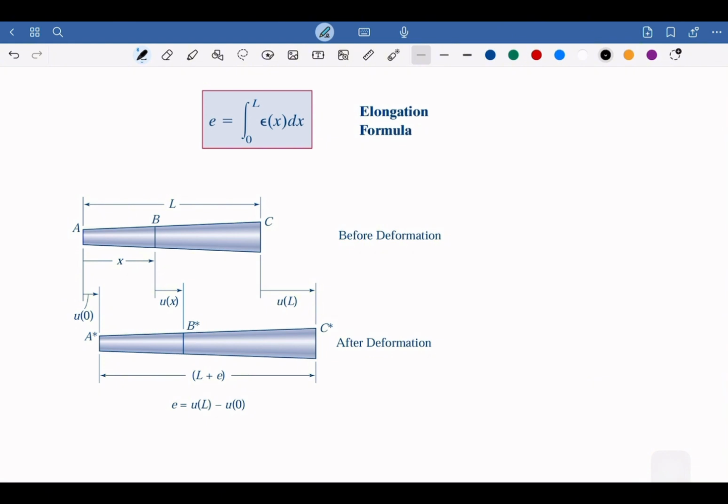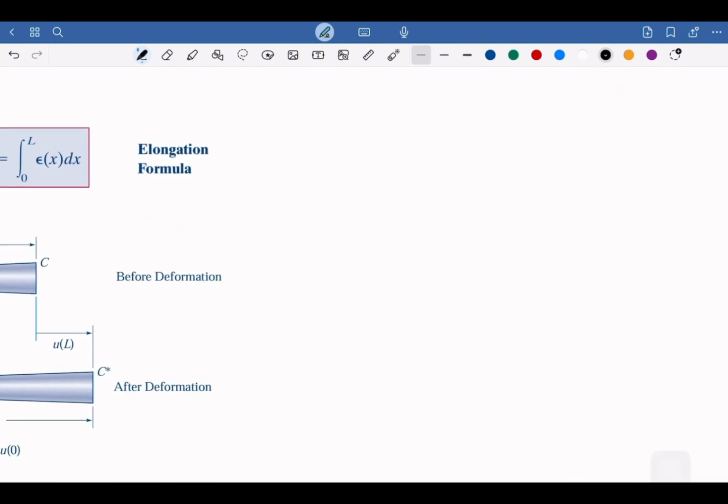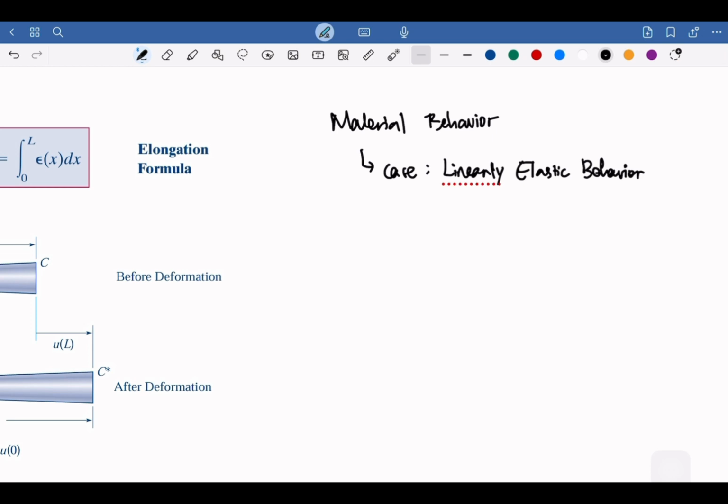From another perspective, we also have what we call the material behavior, and we are going to limit this behavior to linear. The case will be linearly elastic behavior, which means we are going to have Hooke's law.